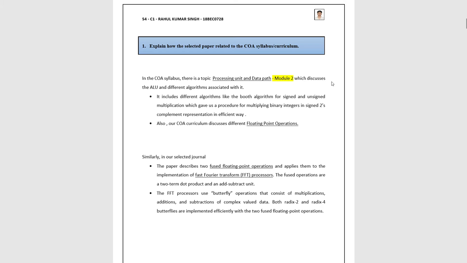Similarly, this paper describes two fused floating point operations and applies them to the implementation of FFT processes. The fused operations here are the two-term dot product and the add subtract unit.